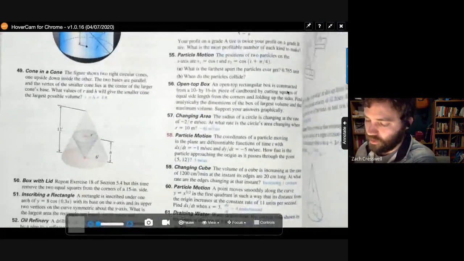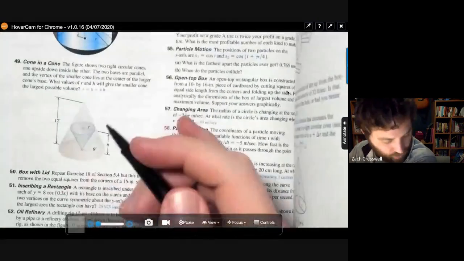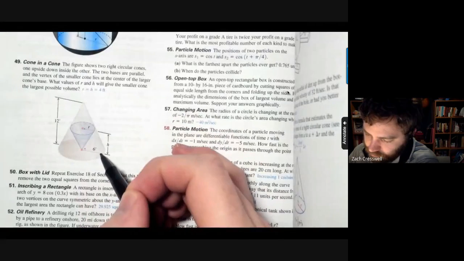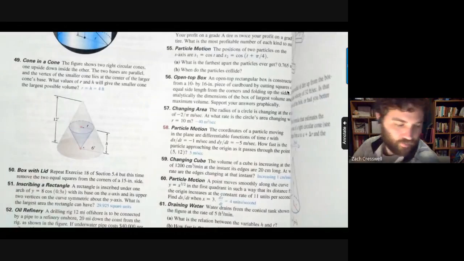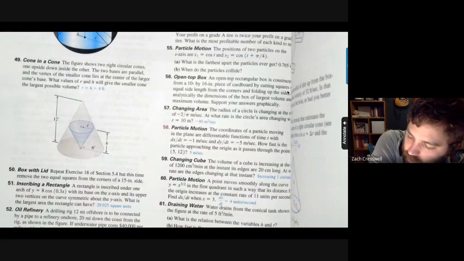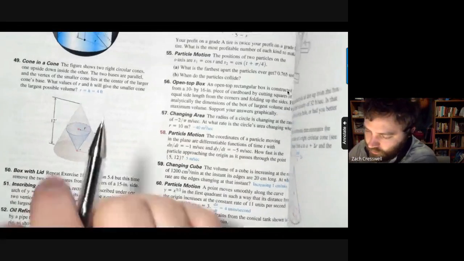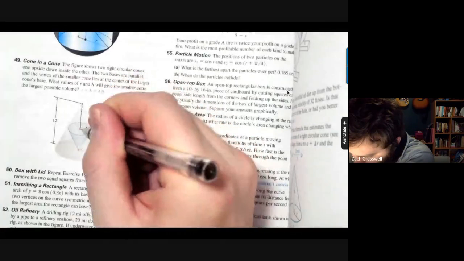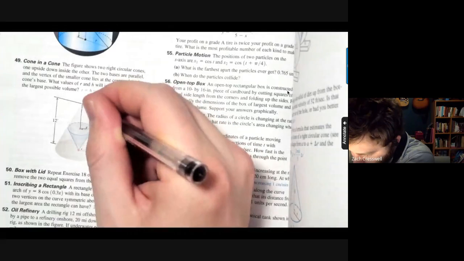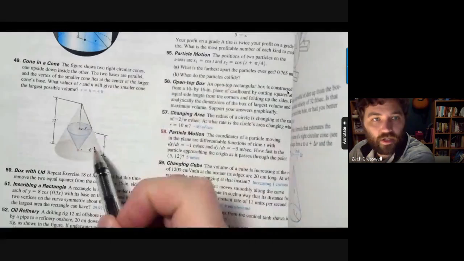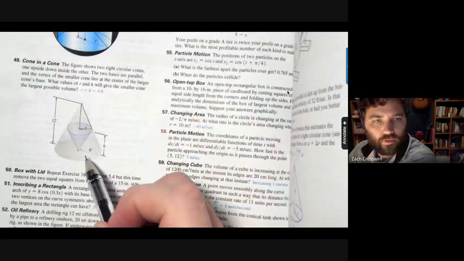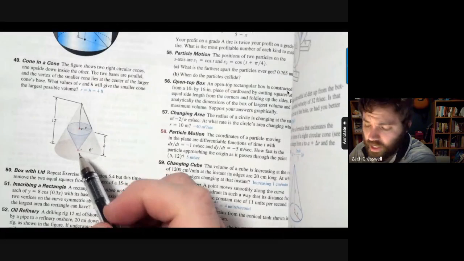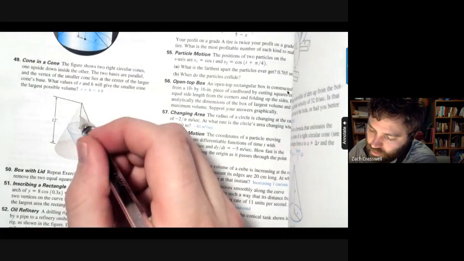So what they've done is set up the proportion r is to 6. They took radius to radius, which is fine. I'm going to draw in the book. Don't tell anyone. They're looking at the big cone, which has a base radius of 6 and a height of 12, and then this triangle here.